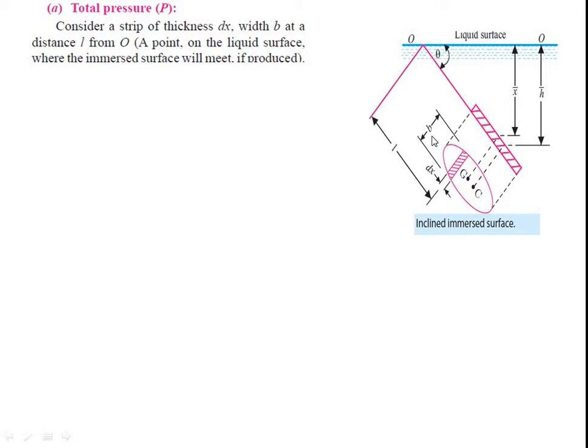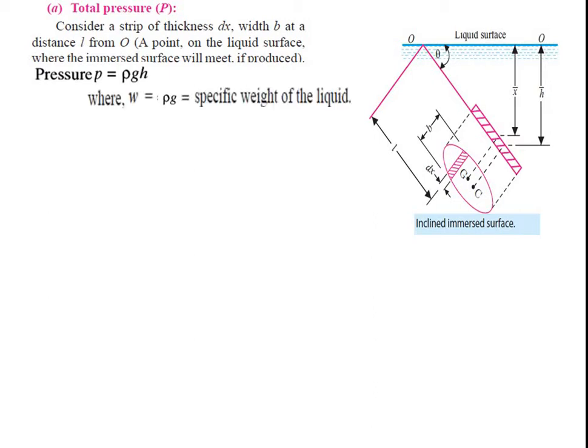Since we have considered a strip of very small thickness, the pressure P acting at that point can be calculated as rho g h. But we know that rho g is the specific weight of the liquid, known as W. So P is equal to W into h.